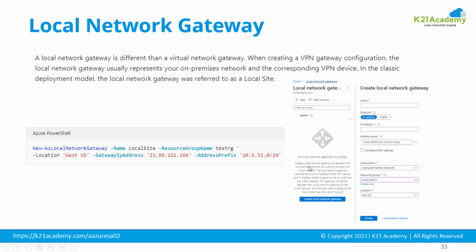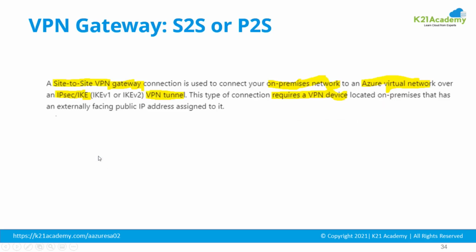When you define the VPN gateway, you will also be creating a local network gateway. Here you will be giving a name and an IP address, and this is actually the public IP of your VPN device in your customer premises. That is what you'll be creating. You can create it from your Azure portal, or you can also create it from Azure CLI or Azure PowerShell. Then, as I said, VPN gateways are of two types.